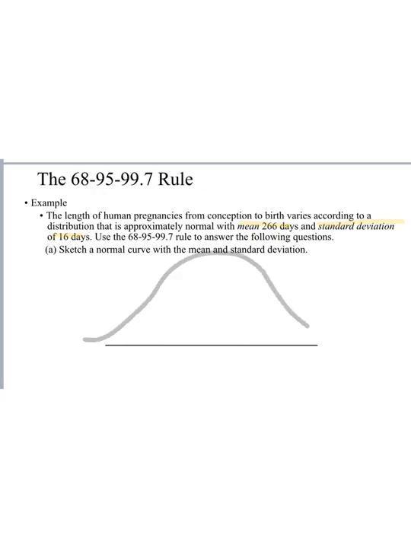So I'm going to start off with the curve, and I'm going to put my mean directly in the middle. Now, I know I need to have 3 standard deviations above the mean and 3 standard deviations below the mean. But how do I get 1 standard deviation above the mean?